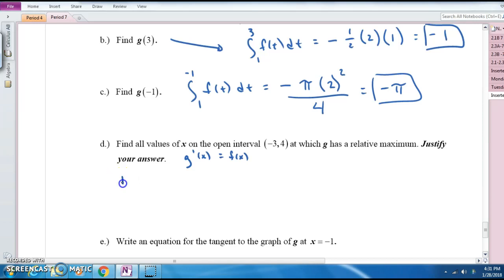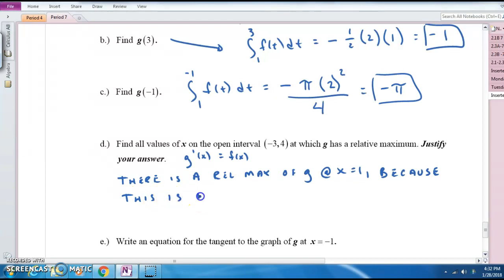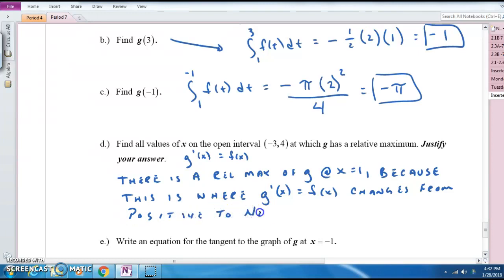Therefore, there is a relative maximum of g at x equals 1, because this is where g prime of x, which is equal to f of x, changes from positive to negative.